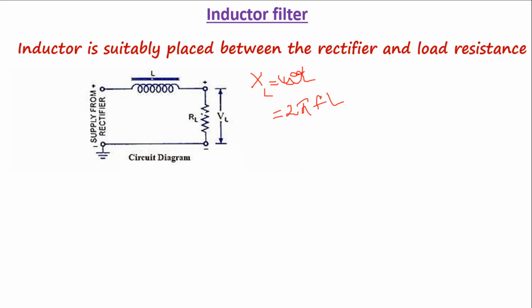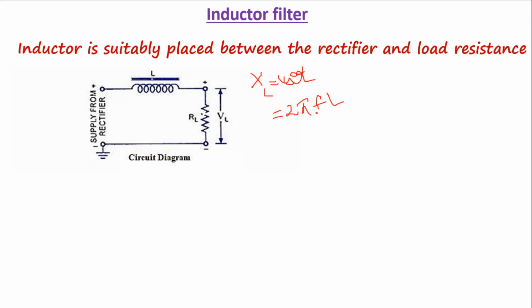A DC component is a steady voltage, so it doesn't have any fluctuations, which means DC frequency is 0. But in an AC supply the frequency of the AC signal is 50 hertz. So depending upon this frequency will be the XL value.